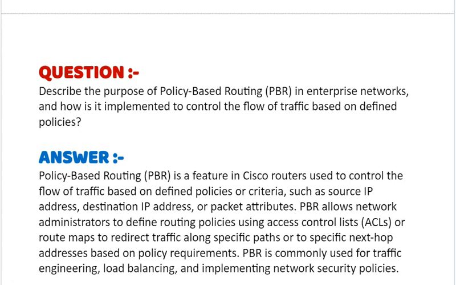PBR allows network administrators to define routing policies using access control lists (ACLs) or route maps to redirect traffic along specific paths or to specific next hop addresses based on policy requirements. PBR is commonly used for traffic engineering, load balancing, and implementing network security policies.